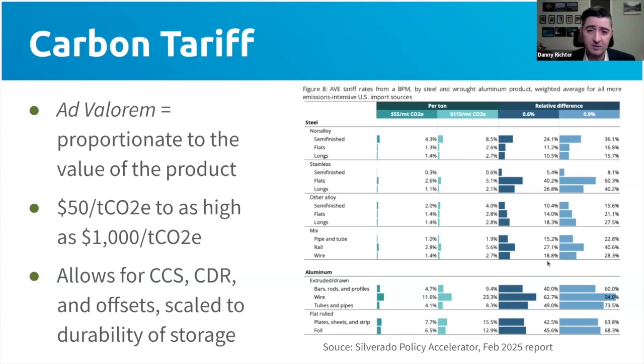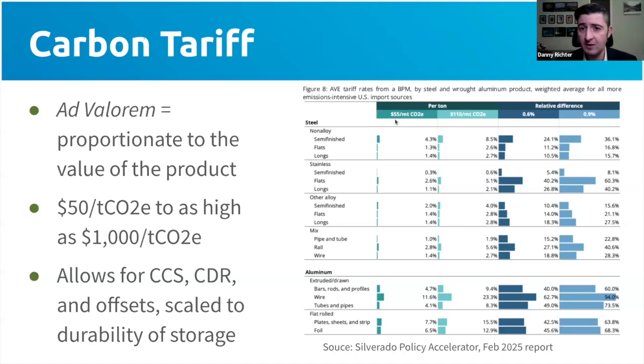This is from a report that was released by the Silverado Policy Accelerator in February. It was looking at aluminum in particular, and this chart really made it pop for me. Using relative difference and the ad valorem rate can really make a huge difference, translating to really aggressive rates of carbon fee. And so what this chart shows is you have the per ton equivalents in green here.